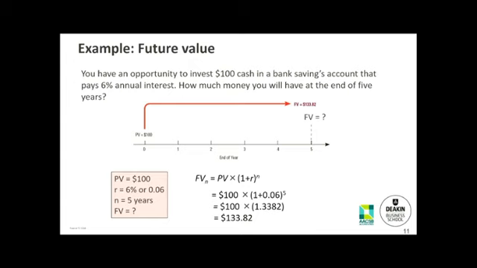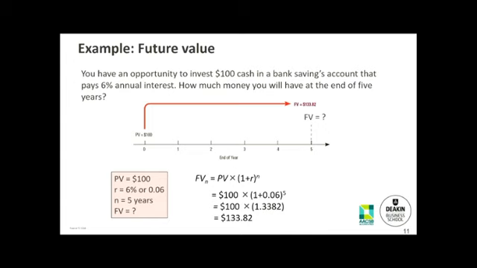Let's see how we do this question. You have an opportunity to invest $100 into a bank that pays 6% interest annually. So it's an annual interest rate, every year. How much money will you have at the end of 5 years? A typical example about future value, right? I invest $100 into the bank today for 5 years.